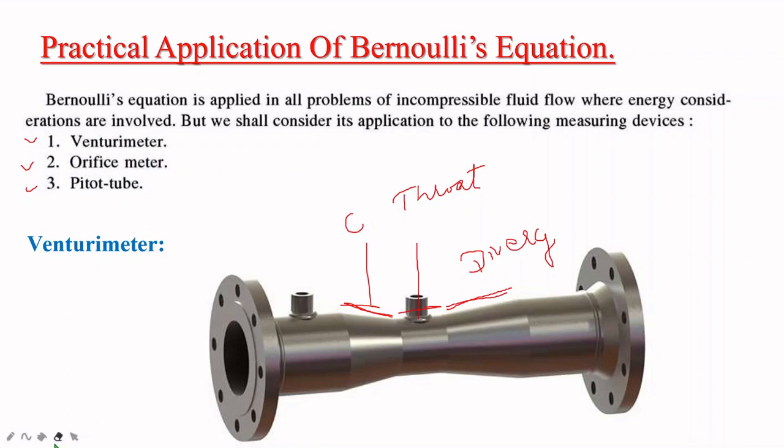I can't write with the mouse. See, this is the image of the Venturimeter which is practically available in the market. For theoretical view we will take the schematic representation of that.